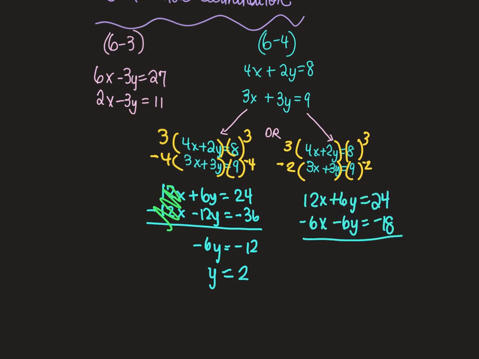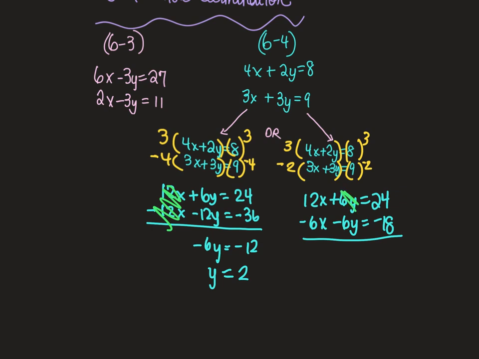When I distribute my 3, I get the same thing I got before, 12x, 6y, and 24. Distribute my negative 2, and I get negative 6x, negative 6y, and negative 18. Now my y's have the same coefficient, opposite signs.